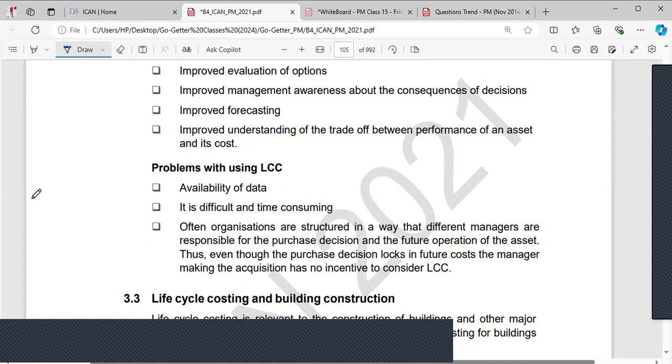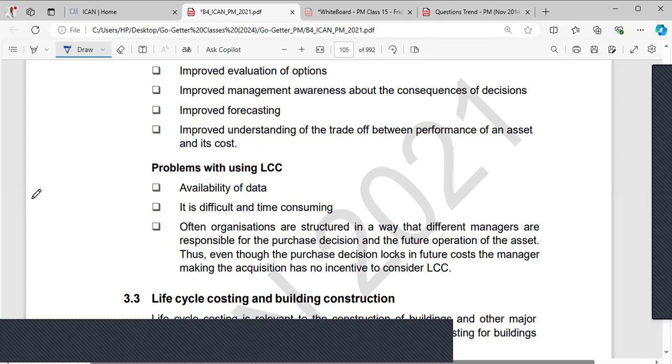Then the problem of life cycle costing is availability of data. Data may not be available at the time when you are making your decision. How will you know the number of mileage you are going to cover over the lifetime? How will you know the service cost per service? Except you have data. Some of this data may not be available, and it's usually difficult and time consuming.